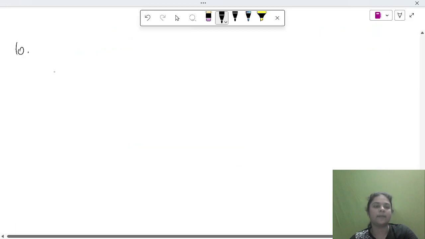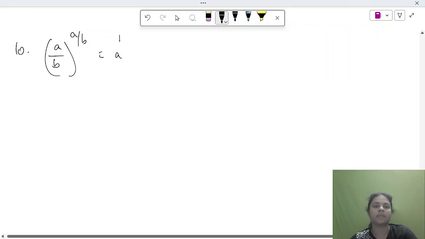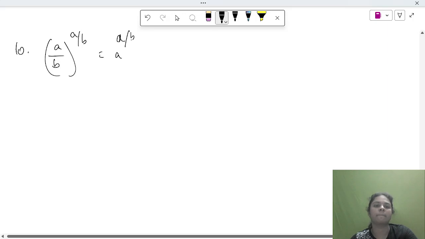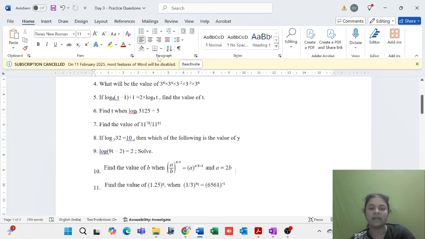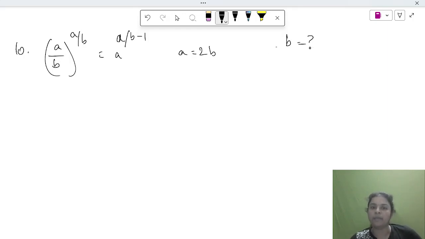Value of b when (a by b) the whole power a by b equals a power (a by b minus 1), and a is equal to 2b. Now they are asking b is question mark. So when you have to find out b, try to bring everything in the form of b.